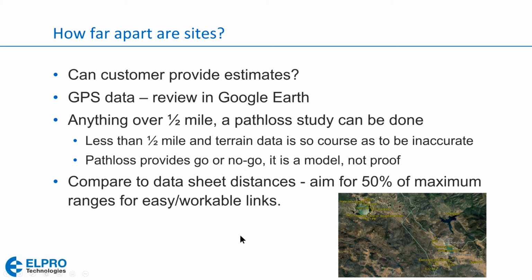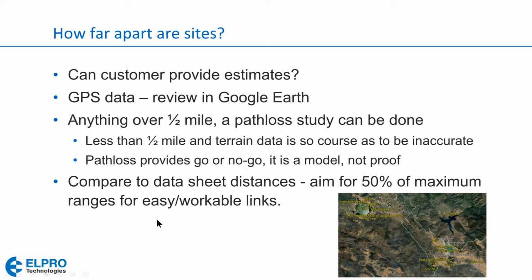Now, these Pathloss models, generally we recommend them for anything over about a half a mile, because for less than half a mile, the terrain data, the GPS data that the U.S. Geological Survey provides, is somewhat coarse. They'll have mapped an entire area, and usually every 10 meters or so they'll have an elevation data point.